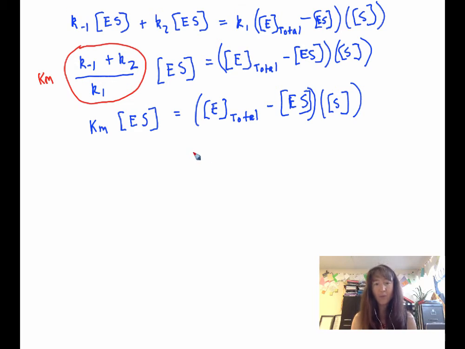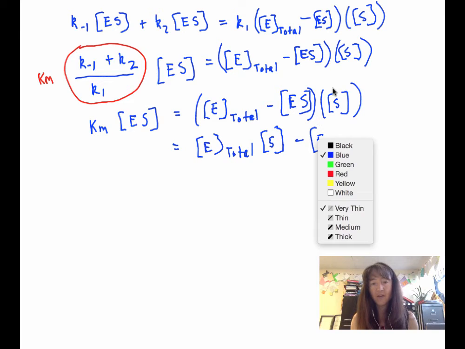Okay, so at this point we now have an expression that is looking as though we could think about distributing the substrate concentration here and then being able to isolate enzyme substrate terms. So let's just use distributive property over here to take enzyme total times substrate minus enzyme substrate.